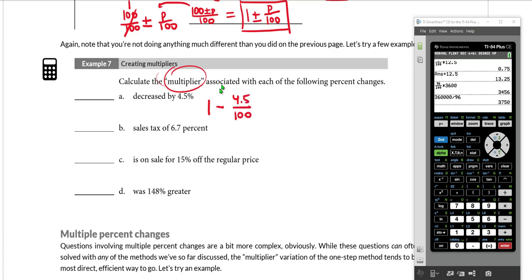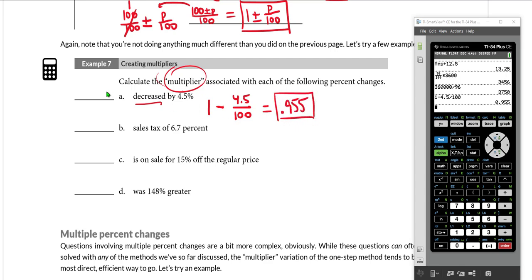In this case we're decreasing, so minus, there's our percent change, divided by 100, and 1 minus 4.5 over 100 is going to equal 0.955, which is the multiplier.